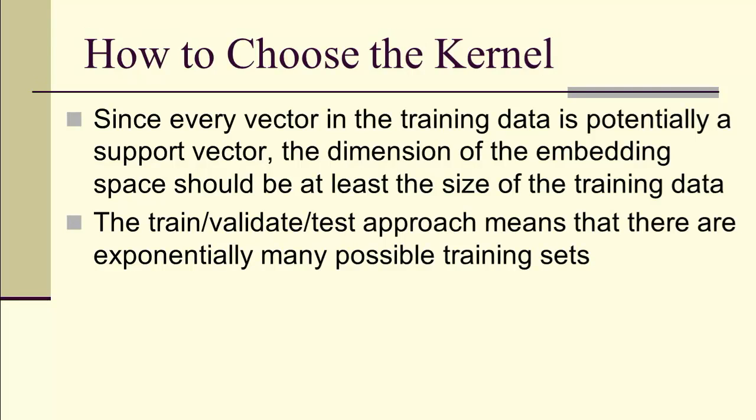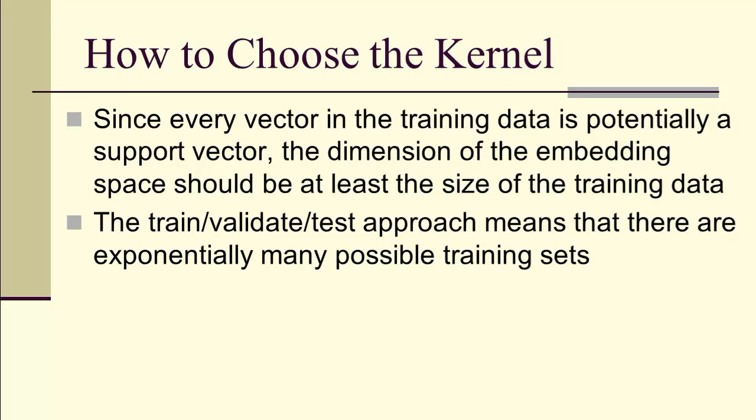However, you're going to be cross-validating, so that means you're going to be getting training, validation, and test sets. Now, how many ways are there to choose the training, validation, and test sets? And it's pretty easy to see. I'm not going to prove it, but there's really exponentially many possible training sets.